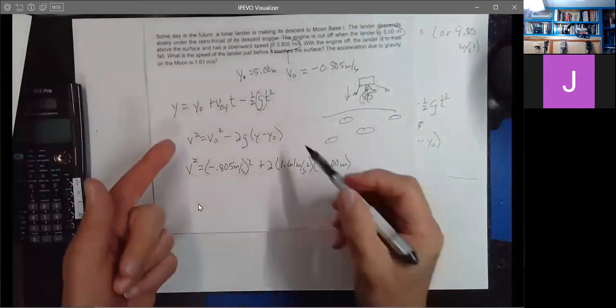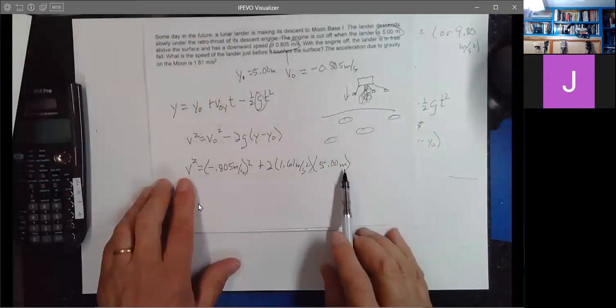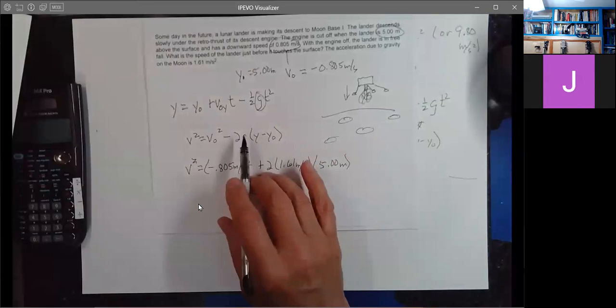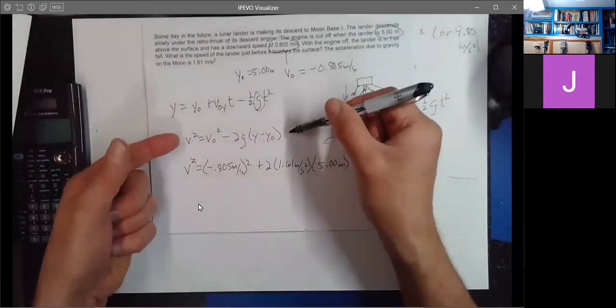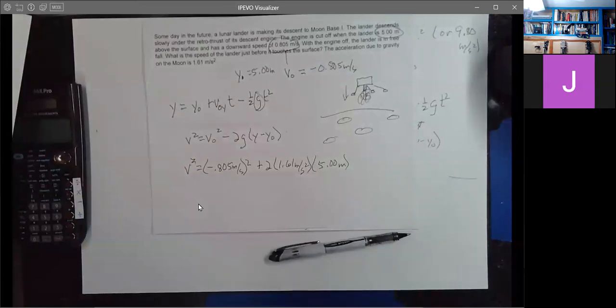And work through this and convince yourself that I've got the right equation here. When this gets squared, it's going to be positive. But convince yourself that when I went from here to here, I didn't make a mistake. Okay, that's how you'd solve that problem, and that's as far as we can go here today.